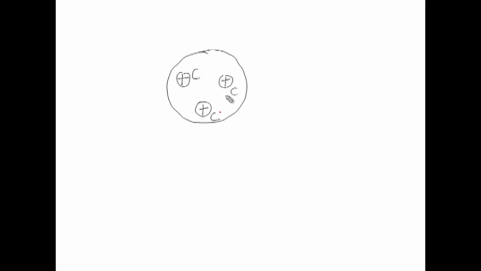Now, how does this whole separation take place? We will add the protein or a biomolecule. When you add a biomolecule which is oppositely charged, that is, here the resin is positively charged, the biomolecules which are negatively charged will bind to this.